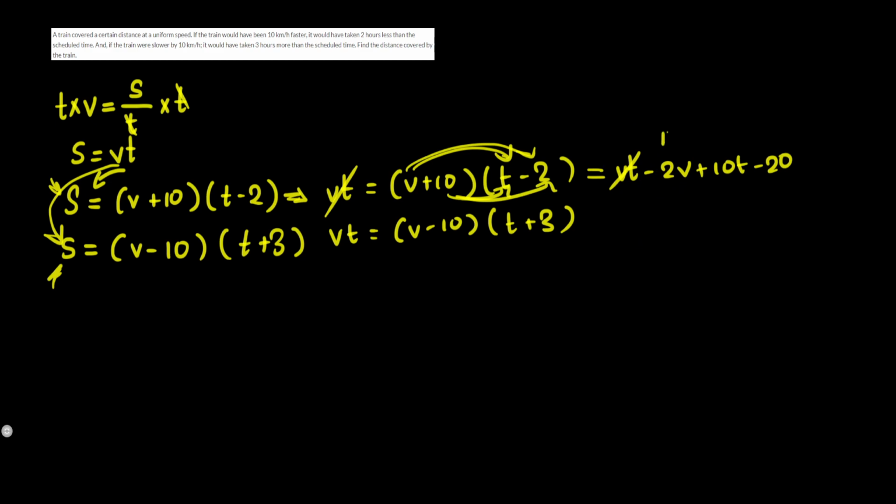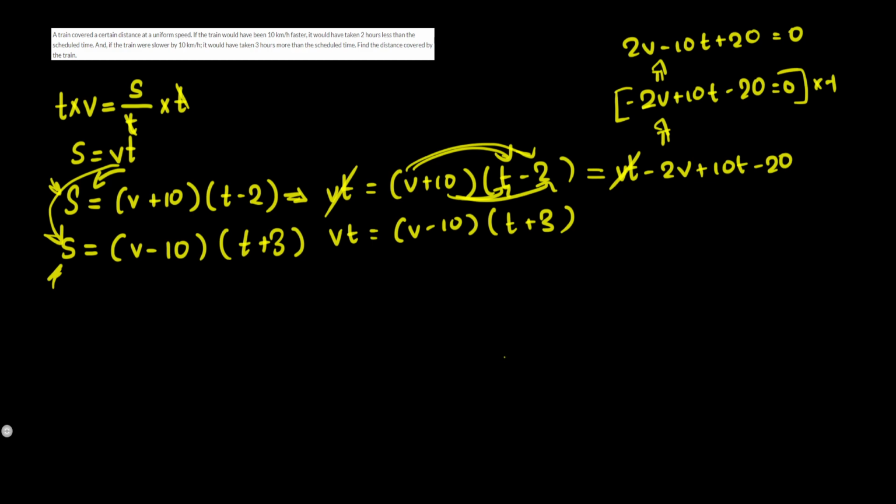I'm left with minus 2v plus 10t minus 20 is equal to 0, because vt minus vt on the other side gave 0. I don't like the negative at the v, so I'm going to multiply by minus 1, and I get 2v minus 10t plus 20 is equal to 0. Now that's good.